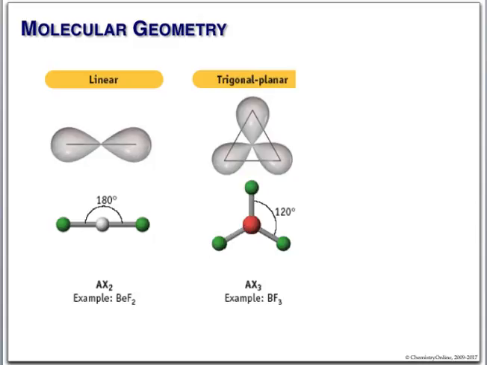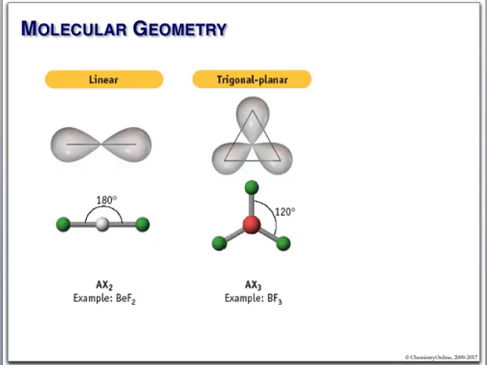If we have 3 things around our central atom, these are going to be in an equilateral triangle, where everything is equal, with 120-degree bond angles.